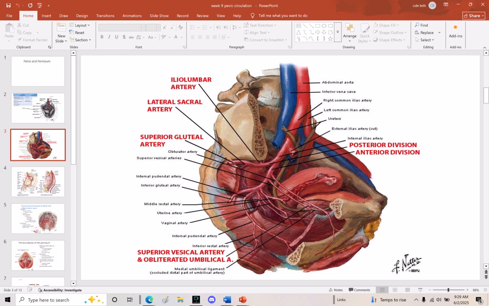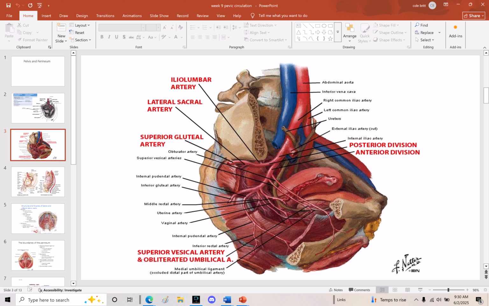The vaginal artery goes to the vagina. The uterine artery also makes up part of the arterial plexus surrounding the ovaries. We talked about that a couple of weeks ago. Now, you may have a couple of branches coming off of this going up here to the bladder, but you don't really necessarily have an inferior vesicular artery.